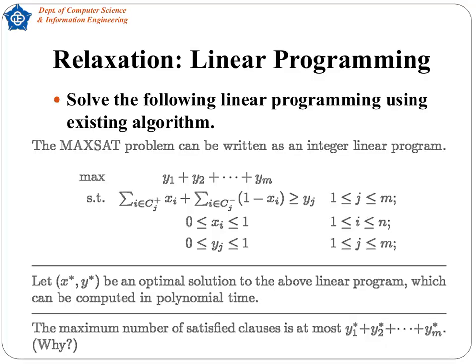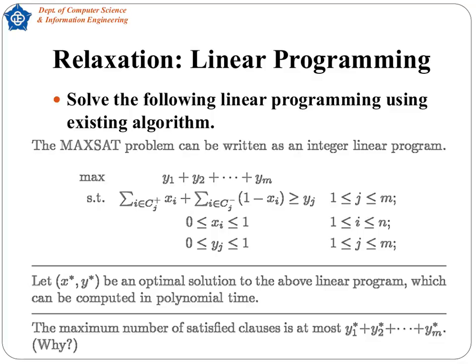Building on our integer programming formulation for MaxSAT, we now show how to relax it into a standard linear program that we can solve in polynomial time. We introduce two sets of variables, x, representing the truth value of each Boolean variable, and y, indicating whether clause j is satisfied. Our objective is to maximize the sum of all y's.